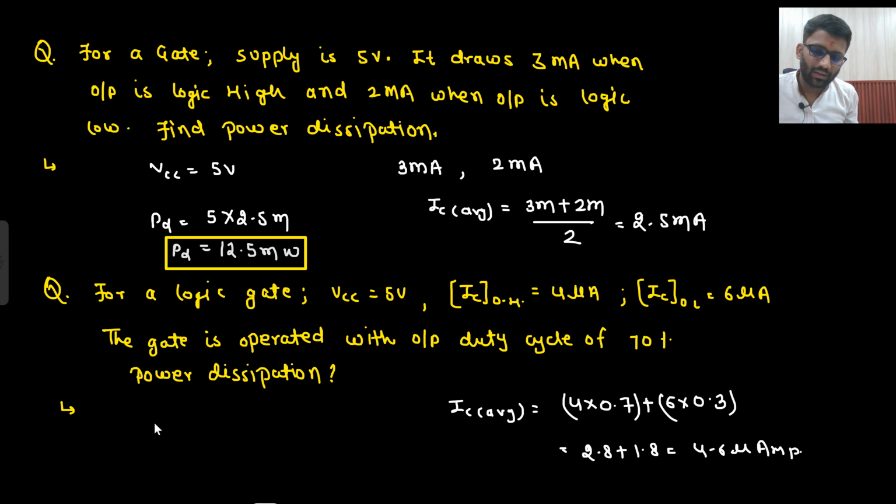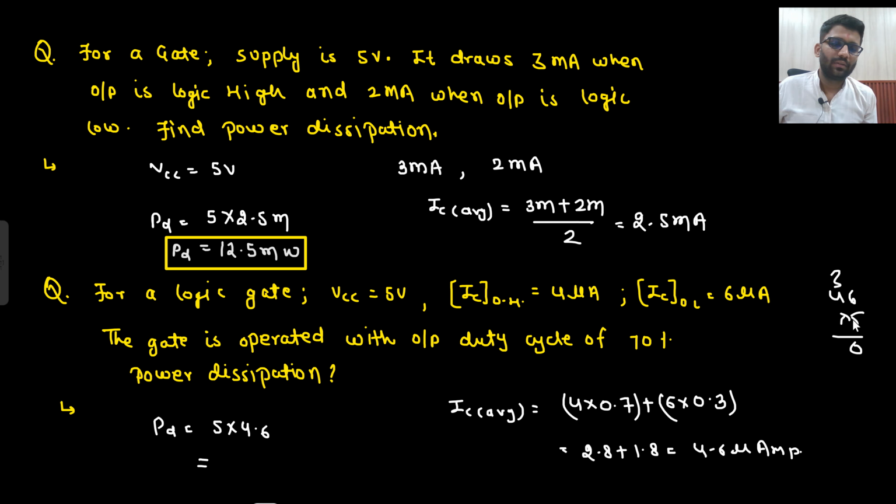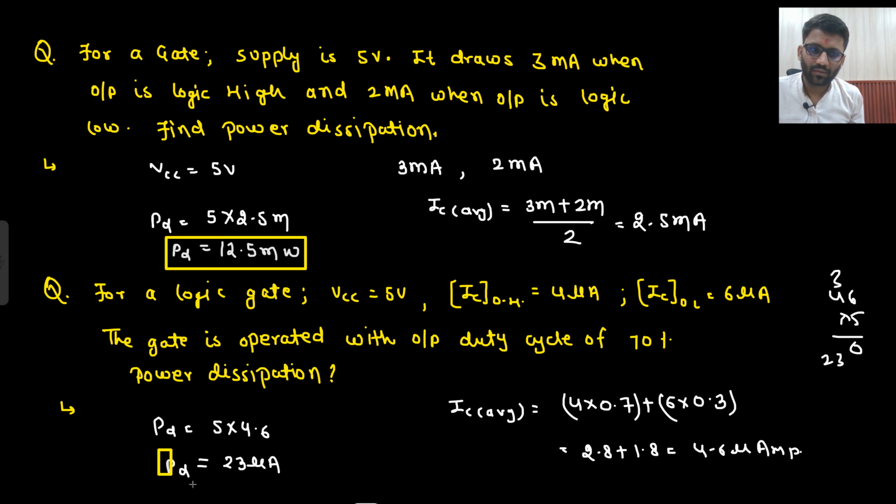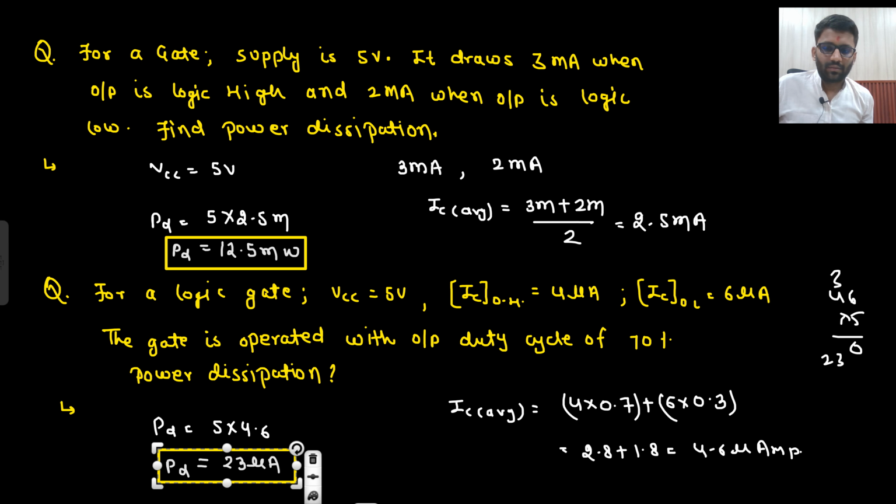So what will be my PD? 5 into 4.6. Micro is there, so answer will be in micro. 46 into 5, 23 microwatt.